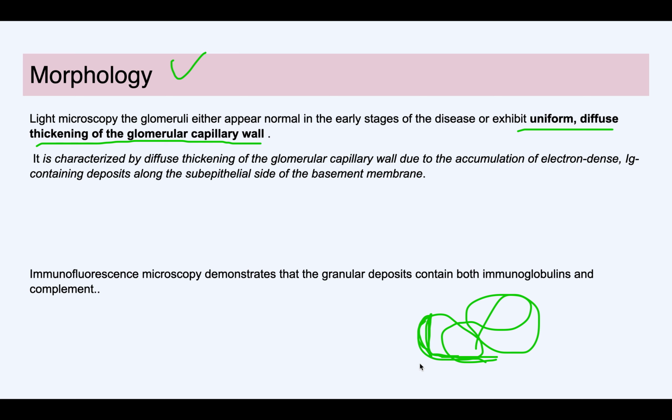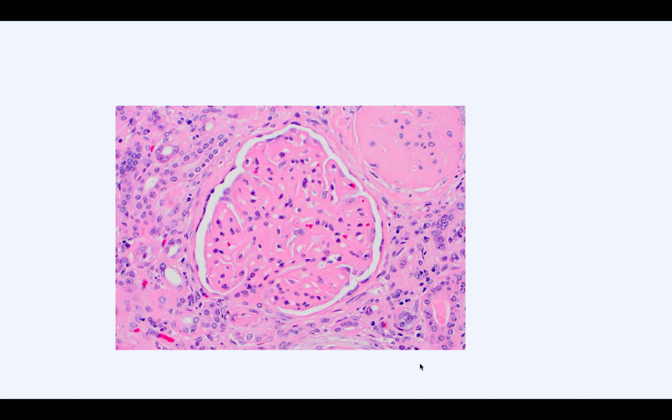This is due to deposition of deposits along the basement membrane. So if you see over here, this is the glomerulus, and you can see it is so pink. There is just deposition of the material in the basement membrane.